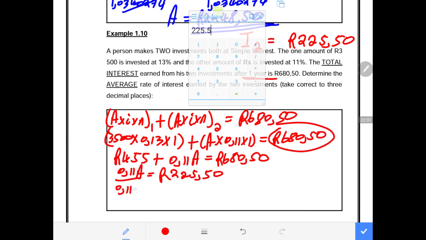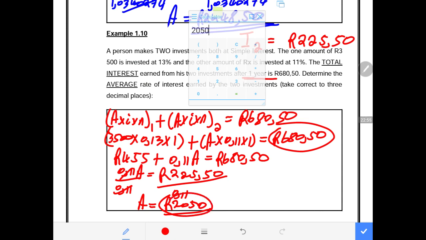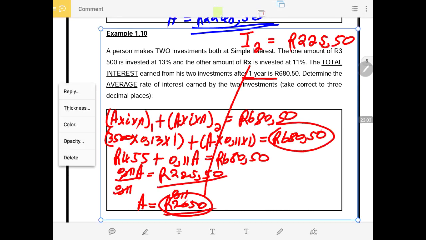Divide by 0.11, this cancels this, and the amount that was invested in the second investment will be 2,050 rand. Meaning this is the X that we were solving. 2,050 rand is what we're looking for.